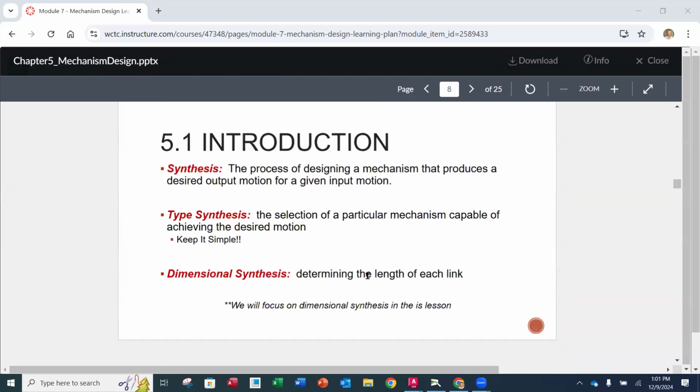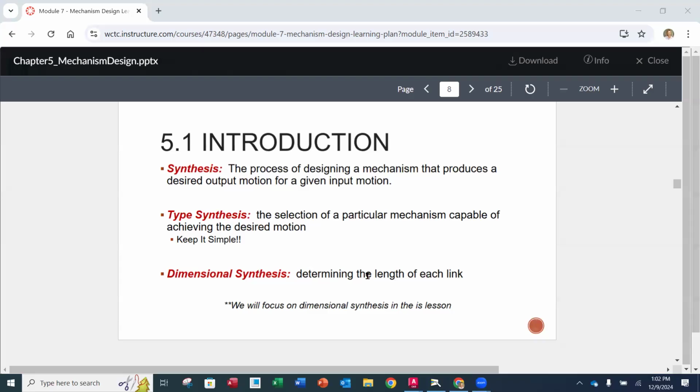Now, let's look at synthesis. Synthesis is basically the process of designing a mechanism that produces the desired output motion for a given input motion, okay? There's different types of synthesis, and type synthesis is the selection of a particular mechanism that's capable of producing the desired motion. So as we had seen earlier, are we going to use a crank oscillating? Are we going to use a slider crank? Are we going to use gears, belts, chains to achieve whatever it is?